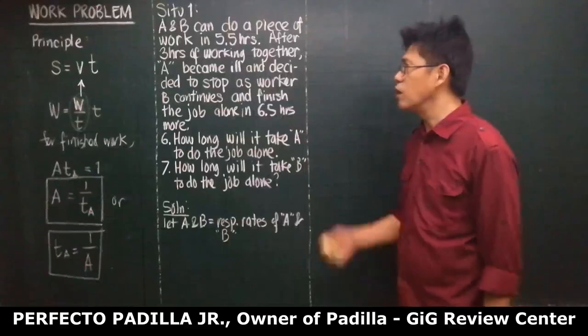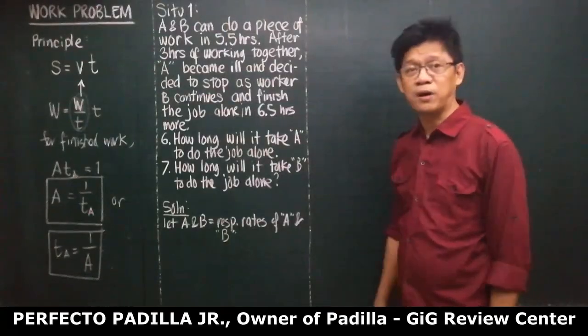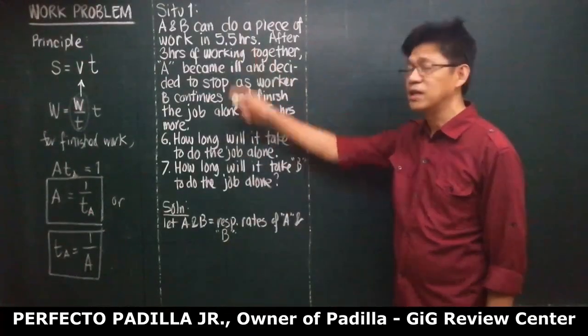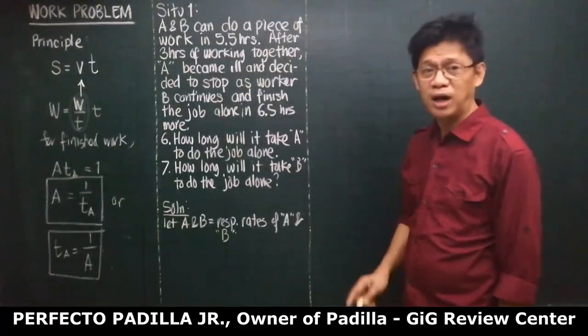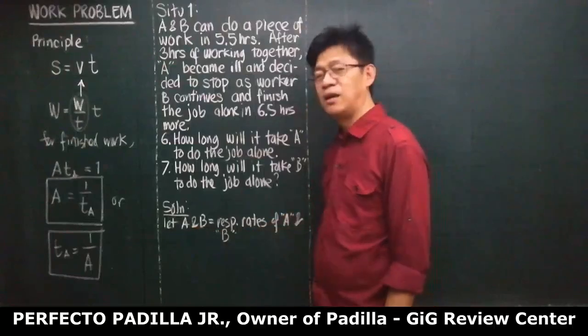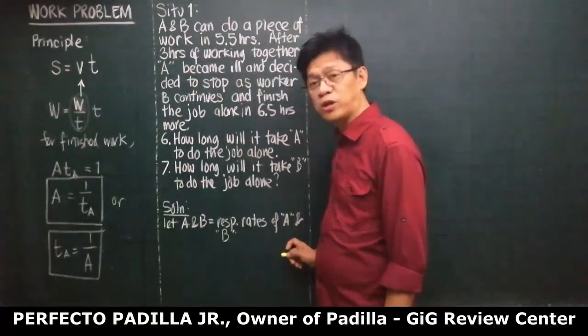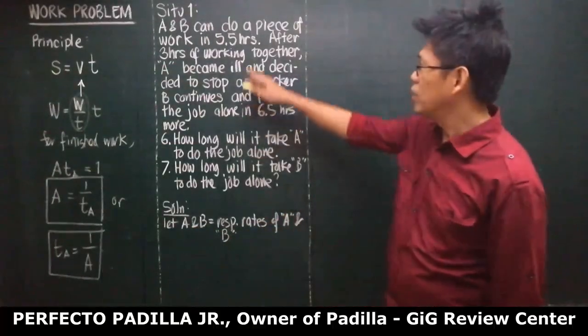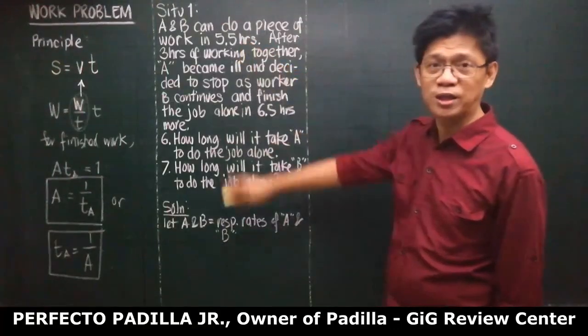A and B can do a piece of work in 5.5 hours. Ibig sabihin, they can finish it in 5.5 hours. In equation form, if A and B are the respective rates of workers A and B, so in 5.5 hours, tapos ang trabaho.